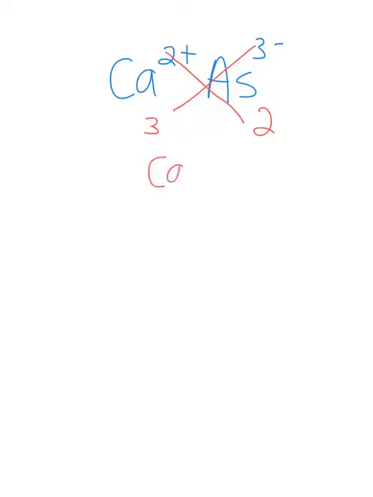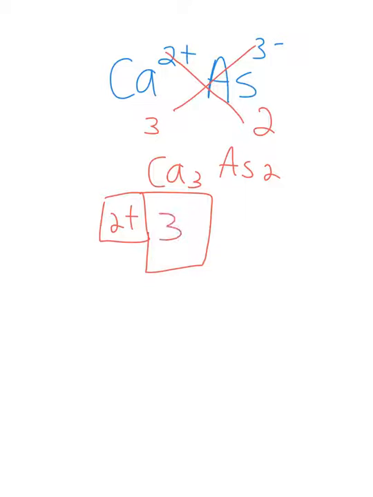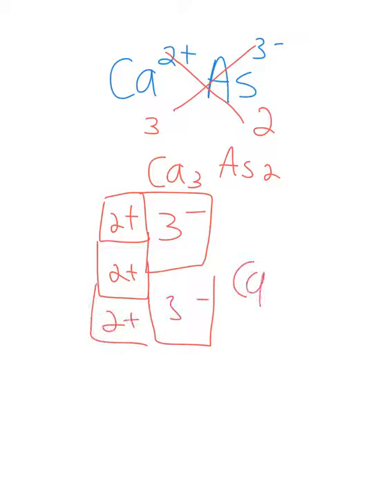So this is going to be Ca3As2. We would get the same thing here if I use the cards, because this would be a 2 plus and this would be a 3 minus. Count your cards, same answer as we get this way.